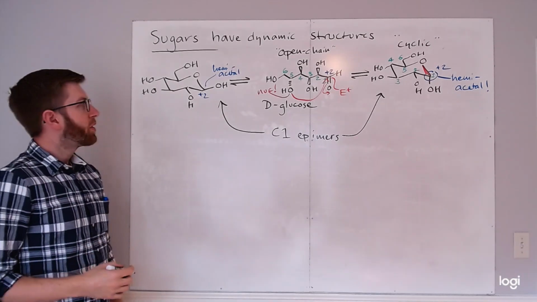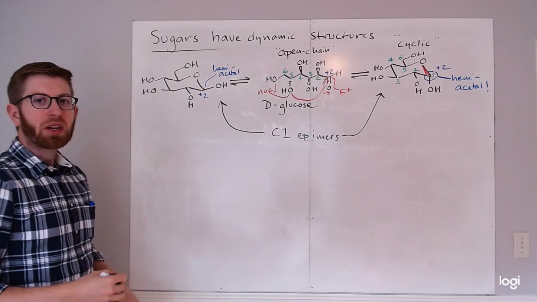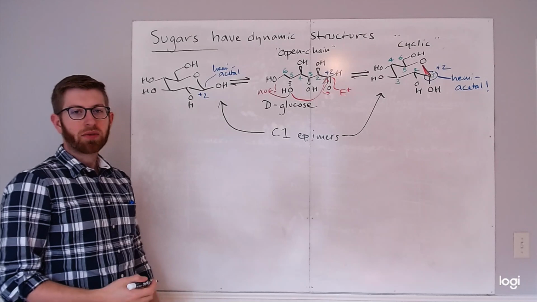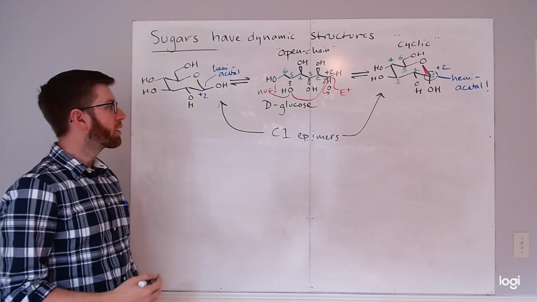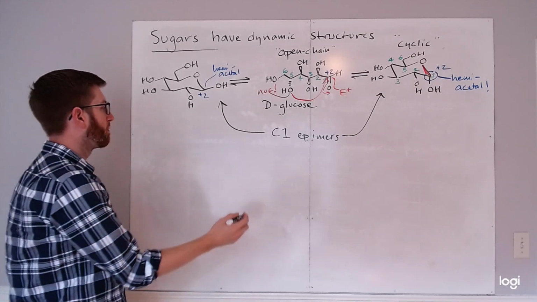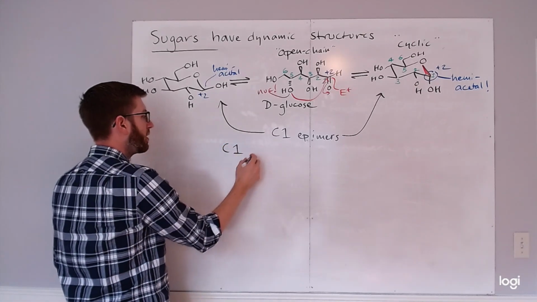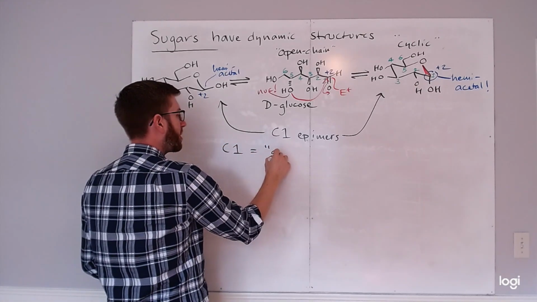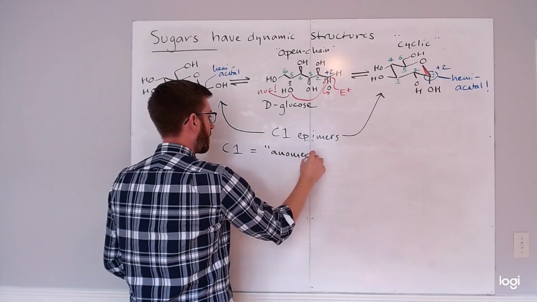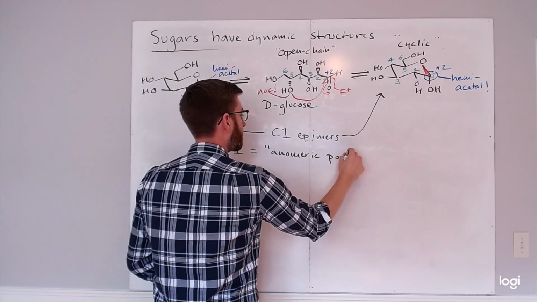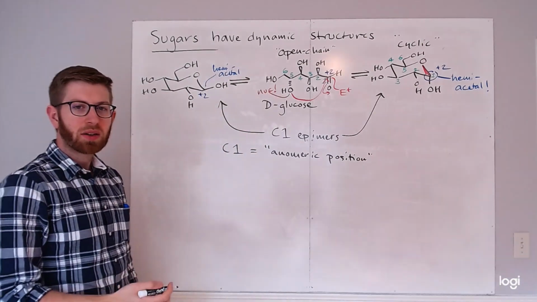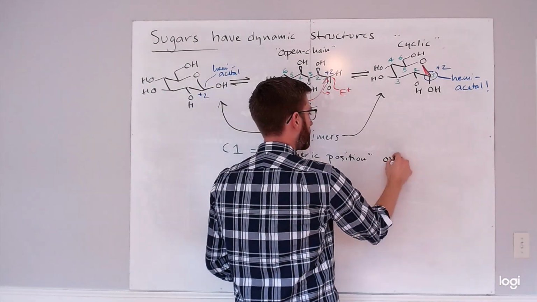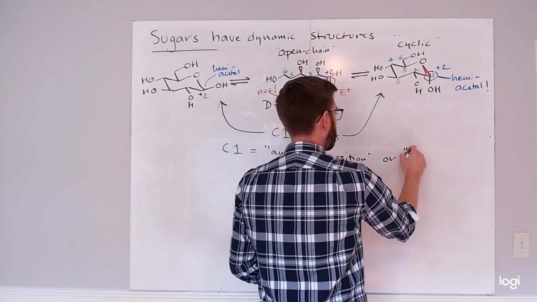But it turns out that the chemistry at carbon 1, because it's at the C+2 oxidation level, is really distinct from all of the other carbons in these structures. And so we give the carbon number 1 a special name. So we call C1 the anomeric position. We also sometimes call it the anomeric center. We can use those terms interchangeably.